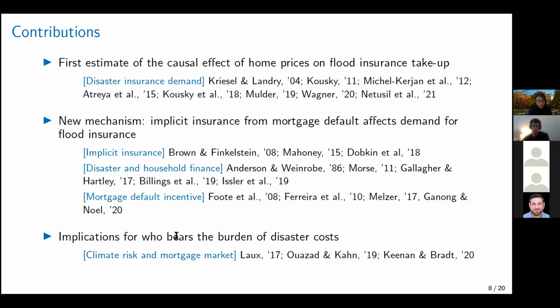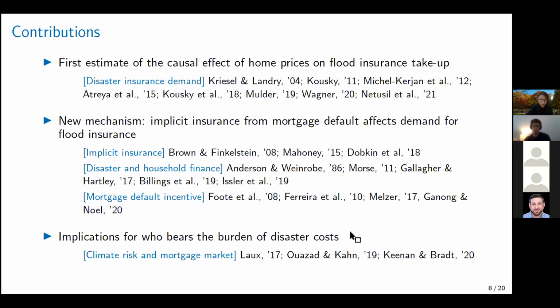We present and test a new mechanism where implicit insurance from mortgage default can affect the demand for flood insurance. And this runs parallel to the literature in healthcare and other settings where you have various mechanisms that create implicit insurance and that crowd out formal insurance demand.